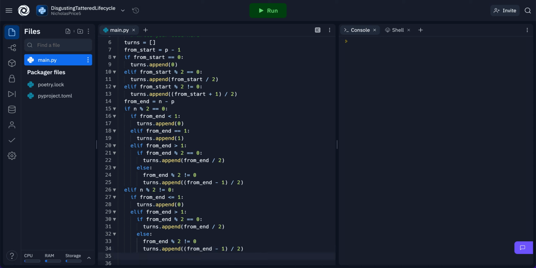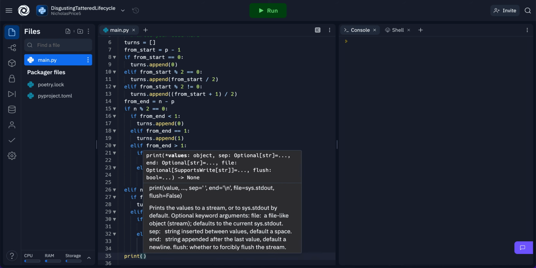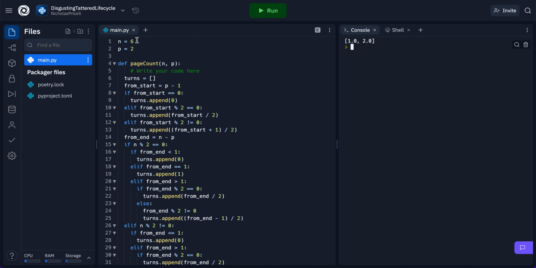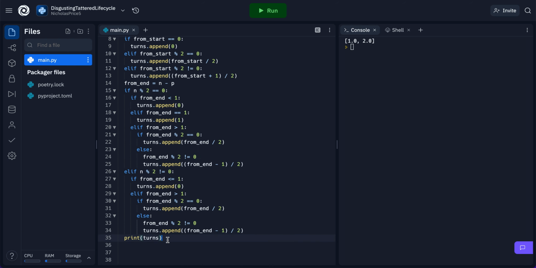But of course, as usual, we want to test to see what we're getting. So let's first print turns, see what our array looks like. In the example of 6 and 2, we get turn the page once or turn the page twice. But that's not what we're looking for, right? We want to print the min of our array turns.